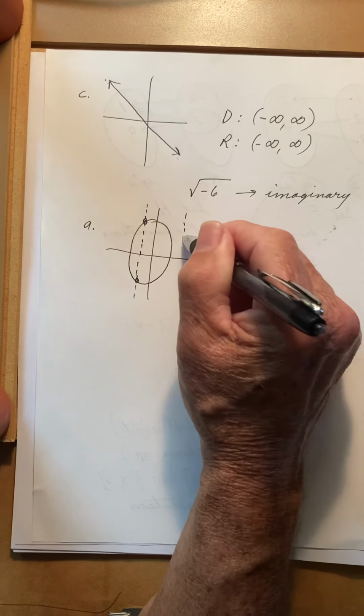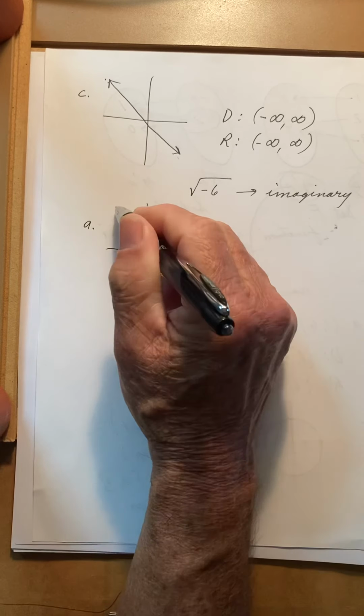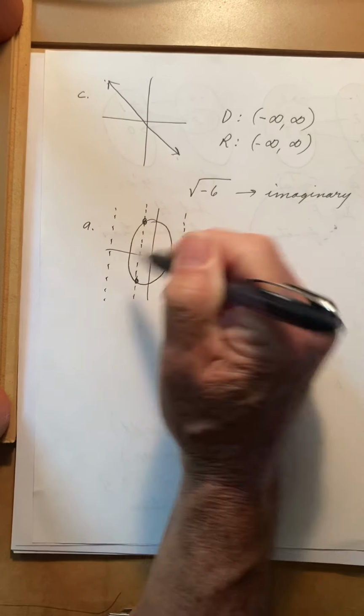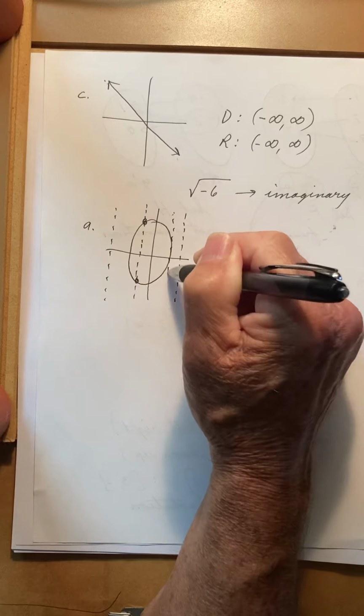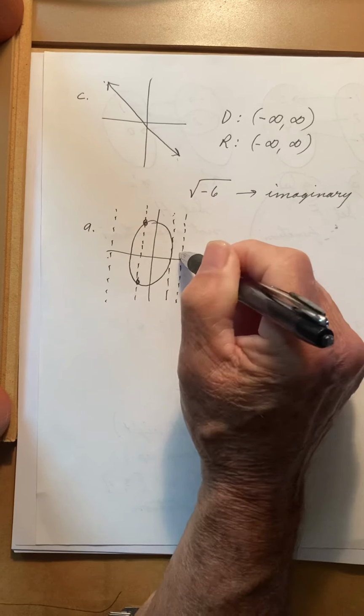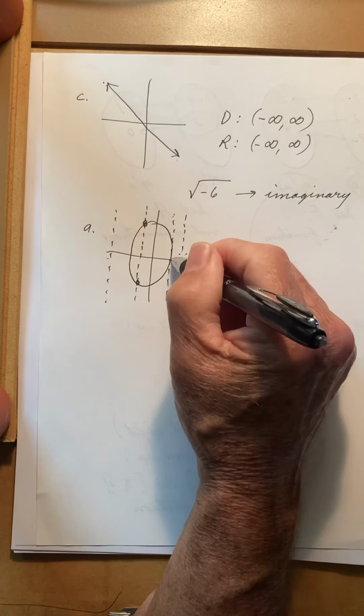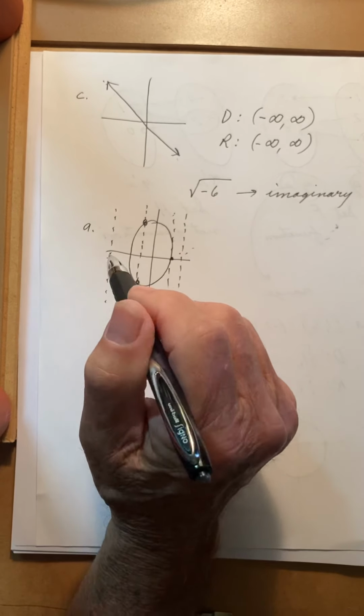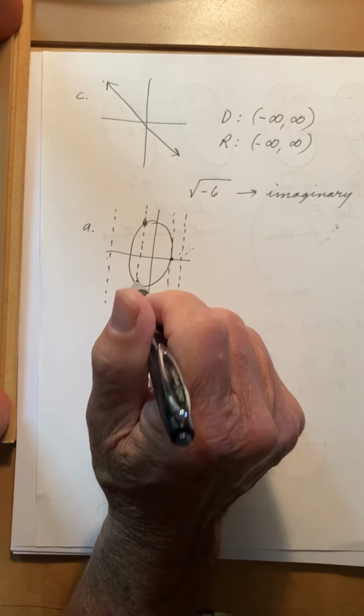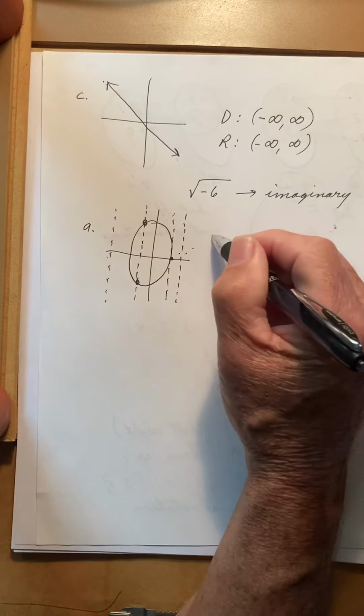Even if you can draw the dotted line out here, a vertical line, or here, or even here, these two that don't touch the graph at all, here it touches once, but you have to be able to draw the vertical line anywhere. You can't just pick and choose.